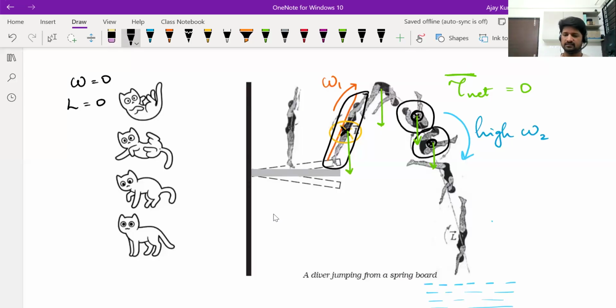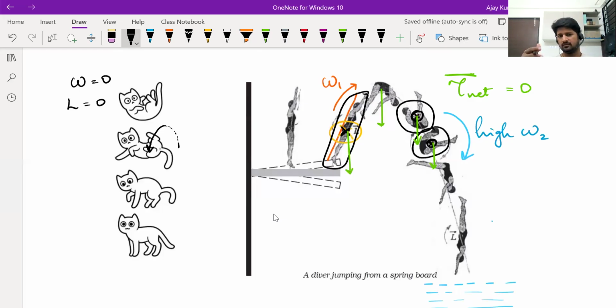Now what the cat does is, it rotates 1/2 of its body in one orientation. Like you can imagine, the cat's legs were pointing upward. Now the hind legs, the back legs, are pointed towards us. So they have rotated this way.